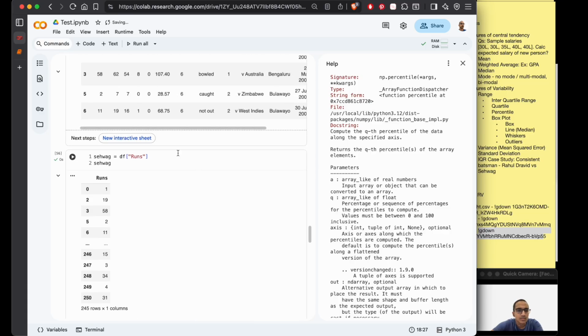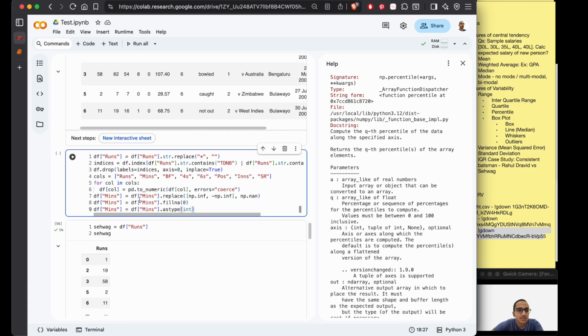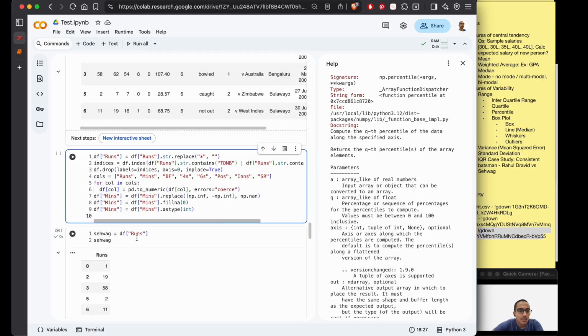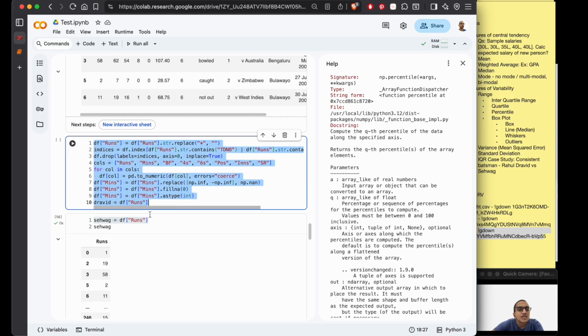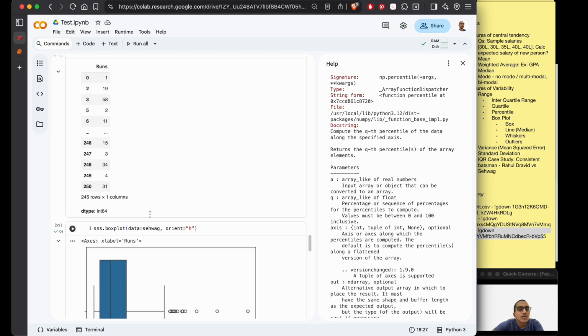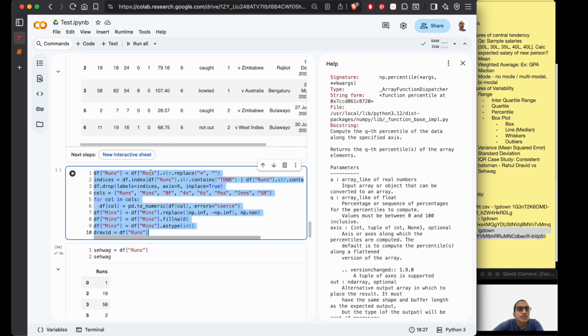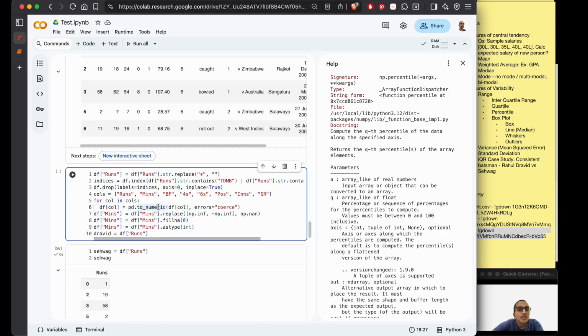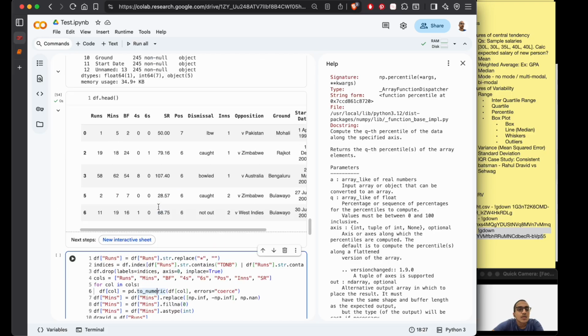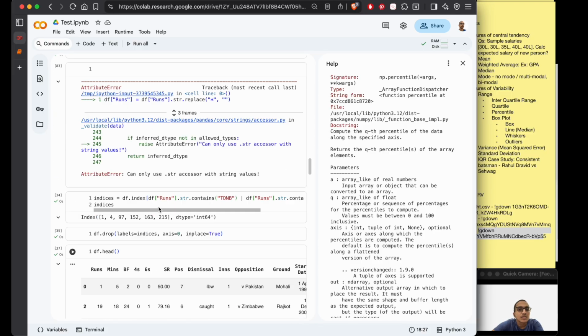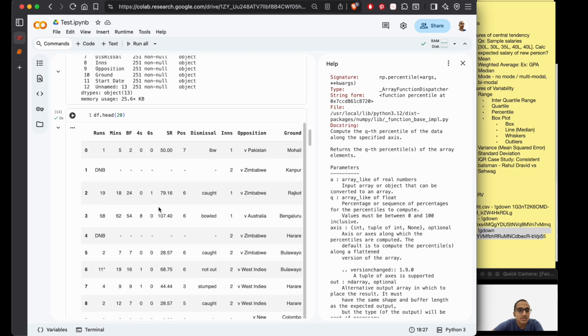Yeah, then we will say Dravid this time is df runs. Oh, I did not import the dataset. One second.